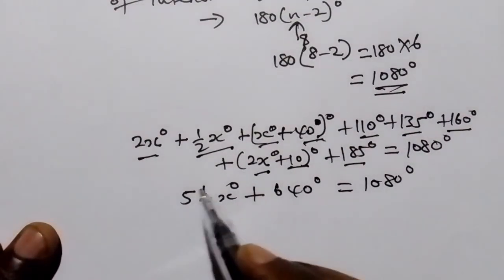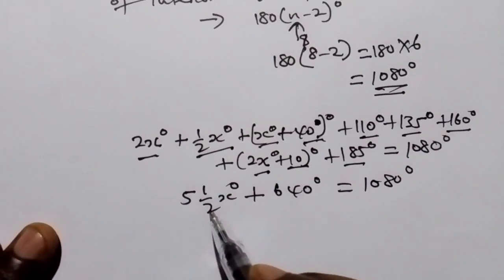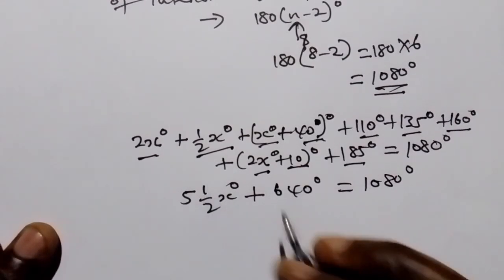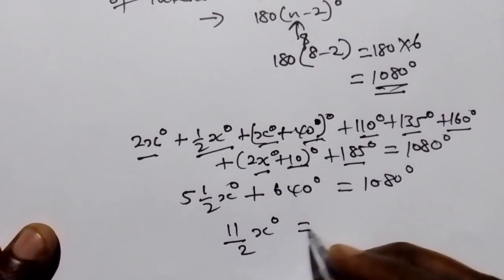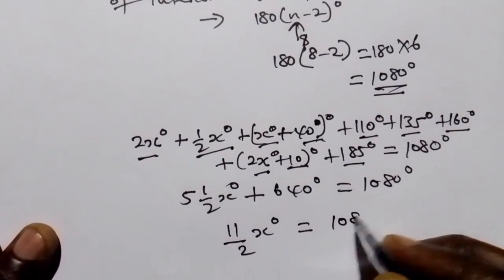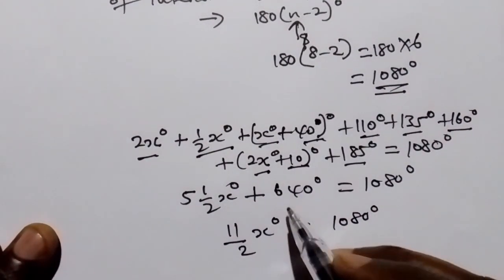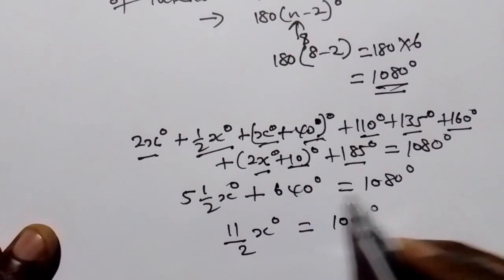So this is 5.5. 5 times 2 is 10 plus 1, 11 over 2 x degrees is equal to 1080 degrees. Positive 640 degrees, we bring to the other side.